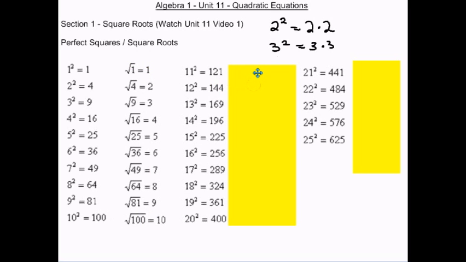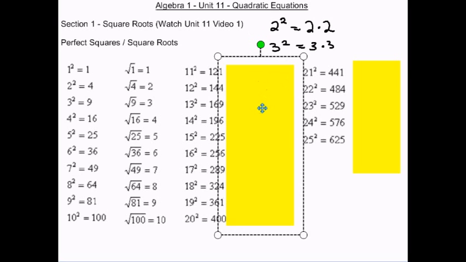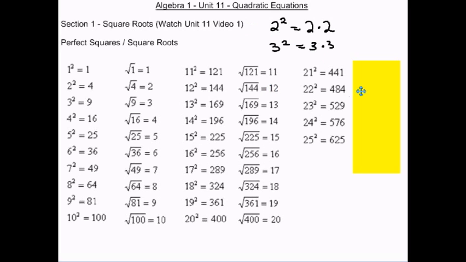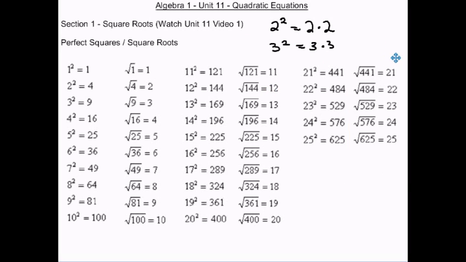So 1 squared equals 1, that means the square root of 1 is 1, and the square root of 4 is 2, and the square root of 196 is 14, etc. So you'll want to learn these to make taking squares or square roots easier. So if you'd like, you can take some time, pause the video, write these down.